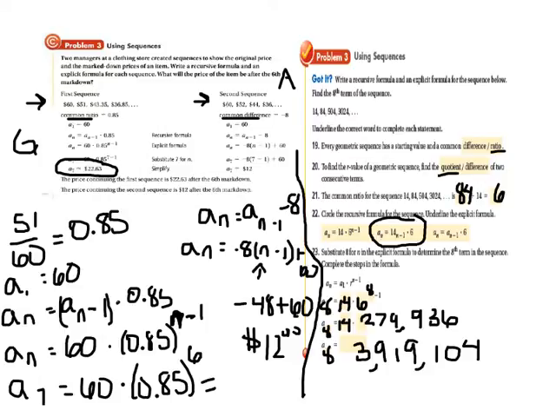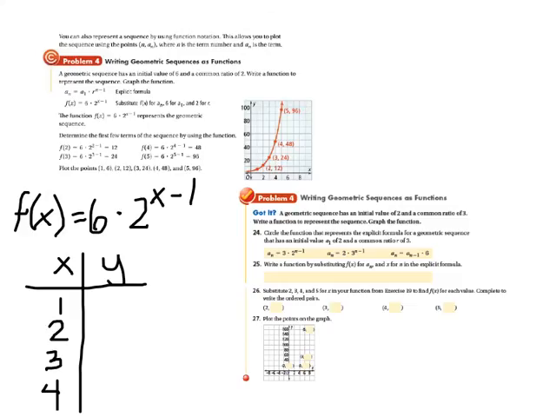Okay, go ahead and pause the video here and check your answers. To graph, you can just write a t-chart with the x and y, choosing values of x that are easy to graph. So if we plugged in 1, we get 6 times 2 to the 0 power. We know 2 to the 0 power is 1, and 1 times 6 is 6.